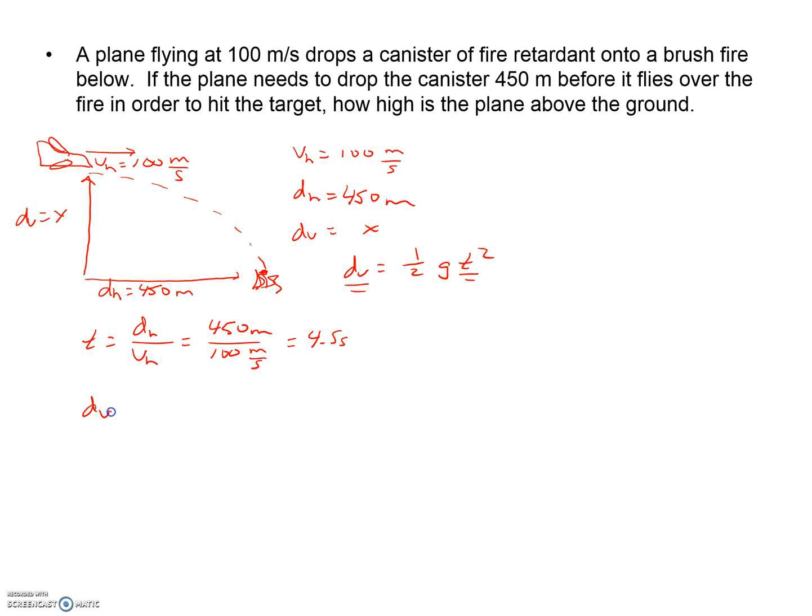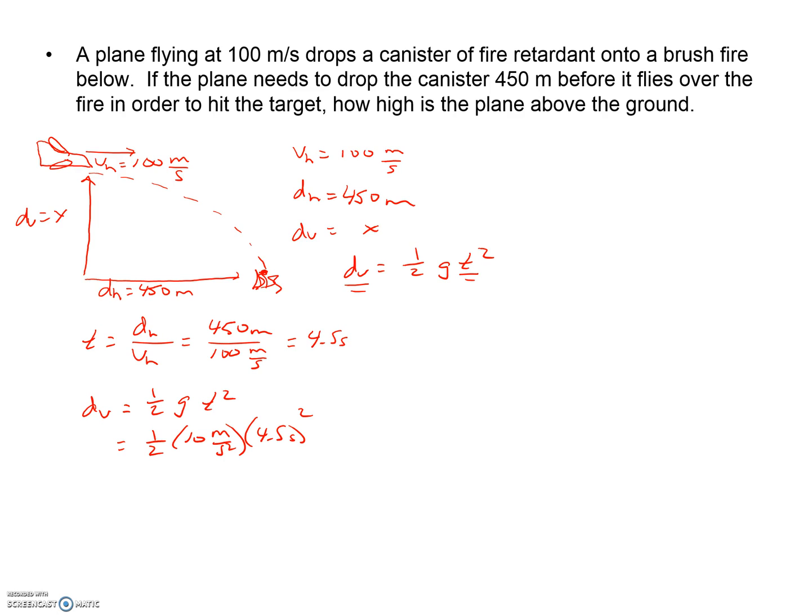Now we can calculate that vertical distance. We've got 1/2 gt squared as our equation. Now we know t, so we'll plug in 10 meters per second squared for our g value. We'll plug in 4.5 seconds for our t value, which we're going to need to square.